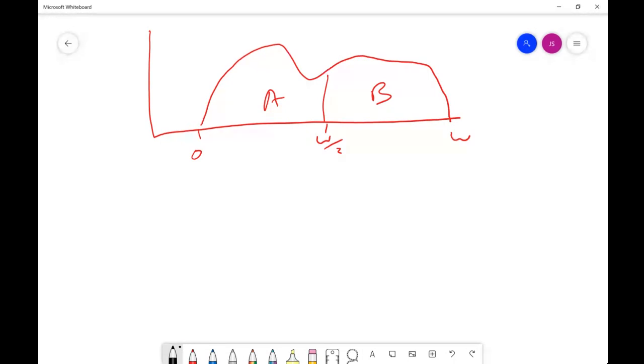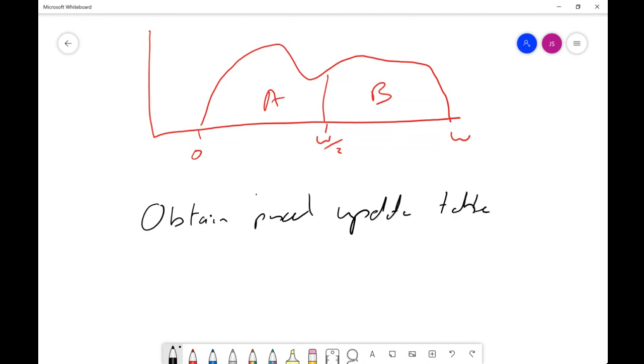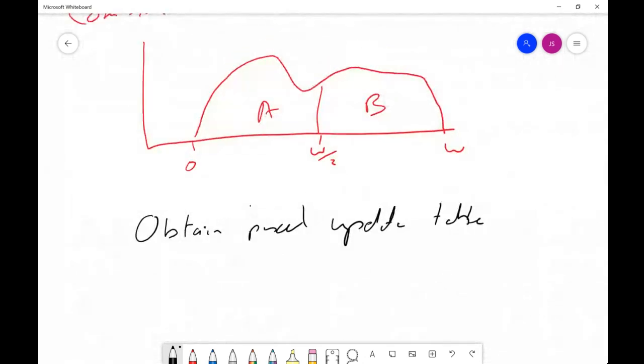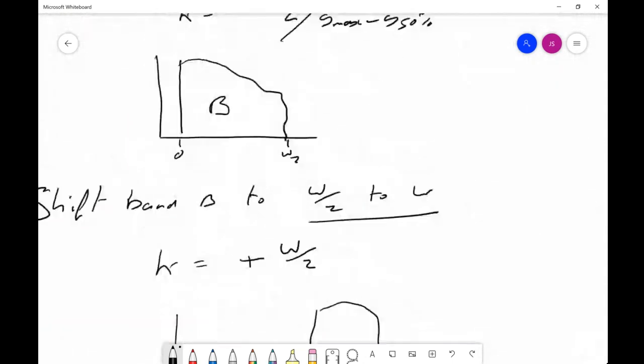So having got the equalized histogram, we now need to obtain the pixel update table. And the pixel update table means we go back to the very first histogram.